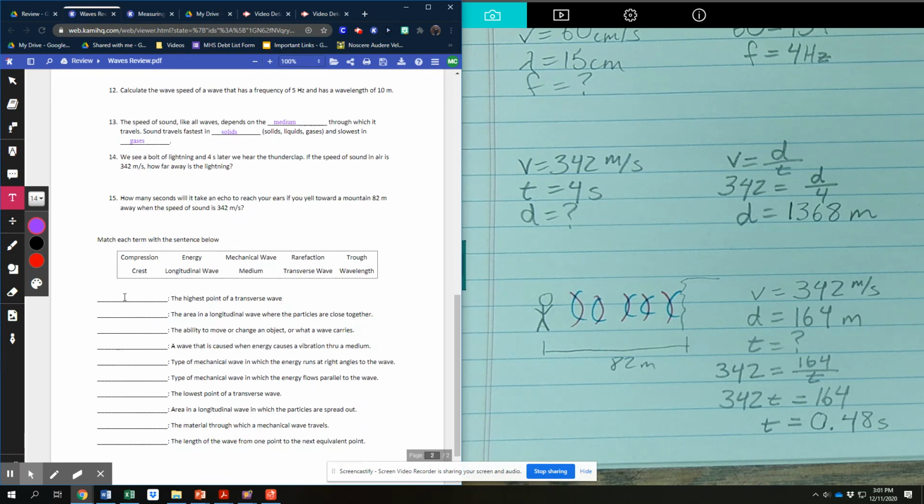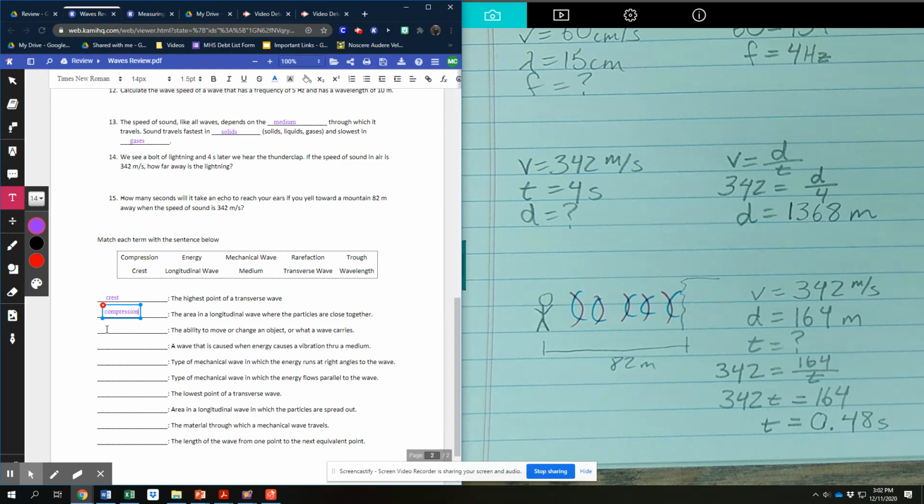Okay, in the next part, we're just going to match the terms with their definitions. All right, so the highest point on a transverse wave, that's the crest. The area in the longitudinal wave where the particles are close together, compression.